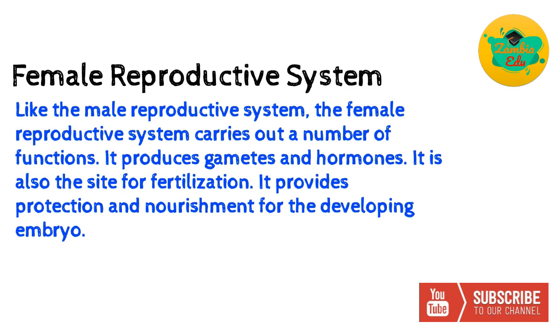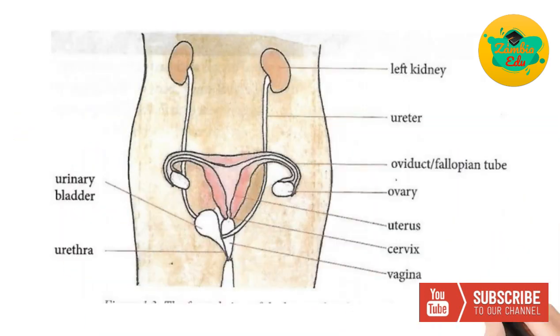Let's just take a look now below and look at the different parts of the female reproductive system. So here we go with the front view of the female reproductive system.